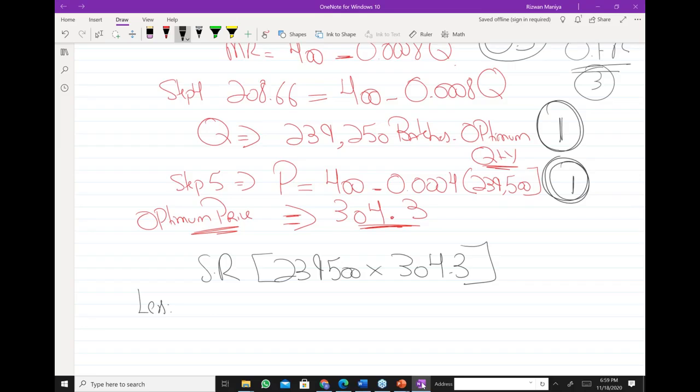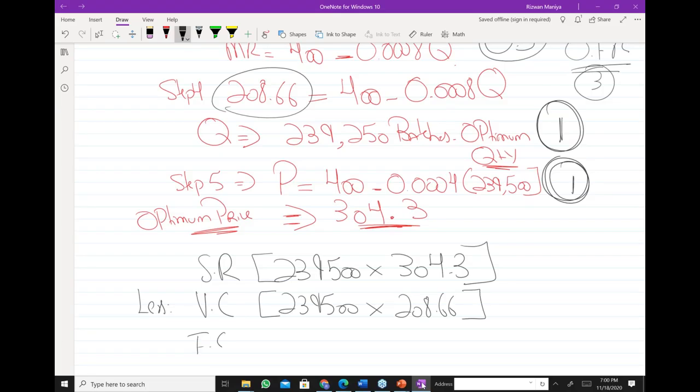Okay, less variable cost: 239,500 multiplied by the marginal cost that you worked out, 208.66. Okay, less fixed cost. How much is the fixed cost?